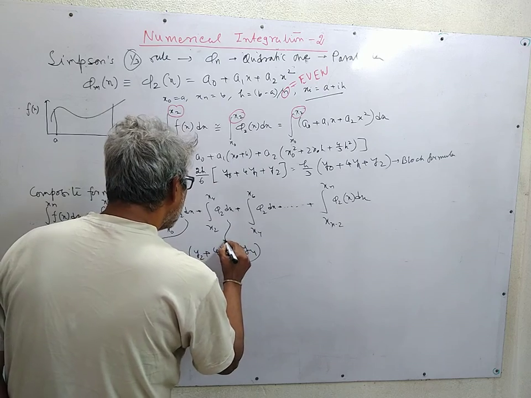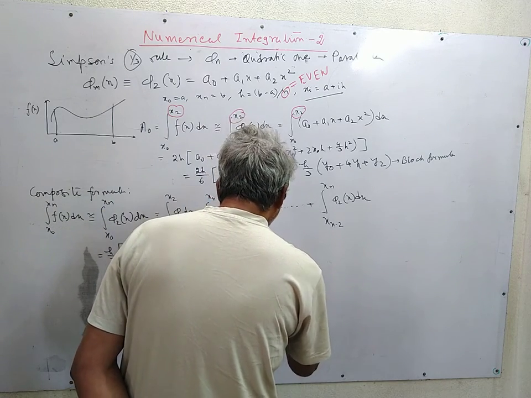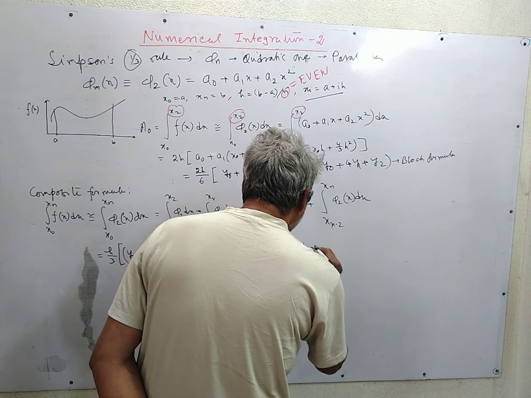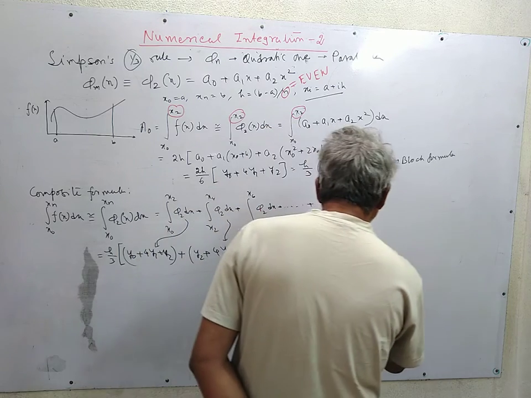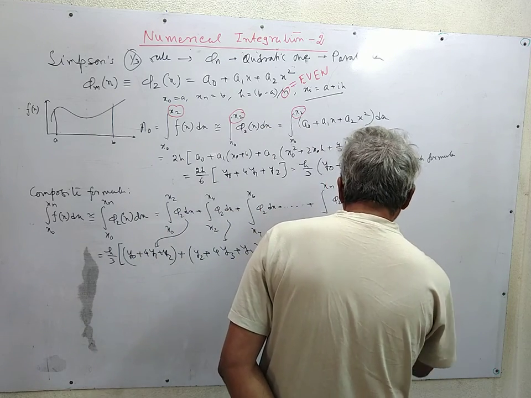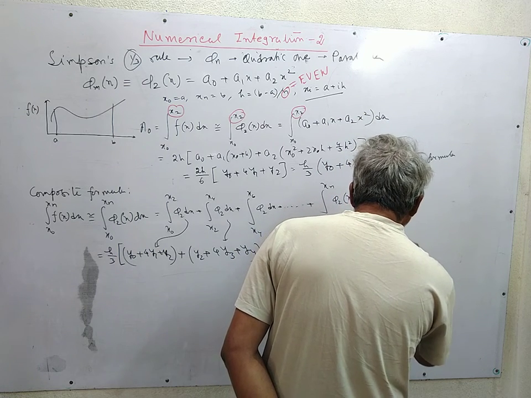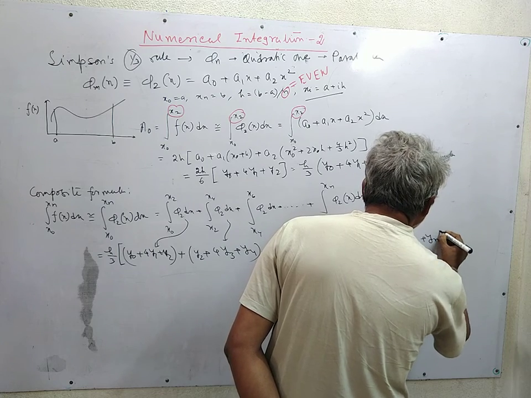This is the second contribution. Then y4 plus 4y5 plus y6, and so on and so forth. Lastly, we have y(n minus 2) plus 4y(n minus 1) plus yn.